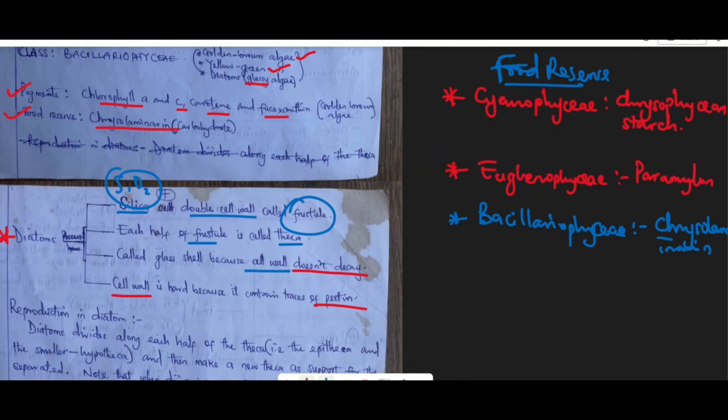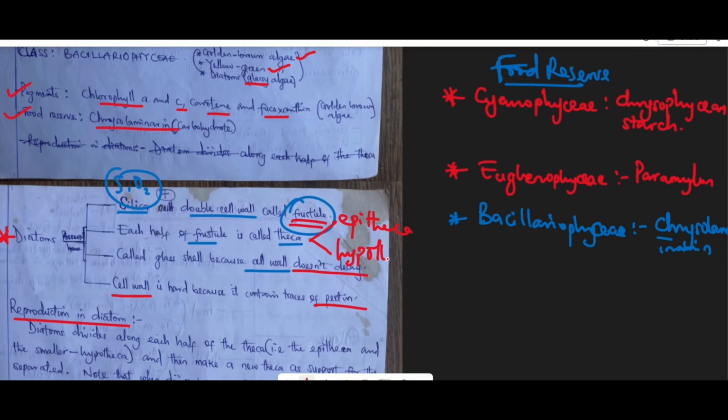Now let's talk about reproduction in diatom. How does diatom undergo reproduction? Now, the cell wall of diatom, we said, is actually a double cell wall, which is called frustule. Now, half of this frustule is called a theca. Note that this theca, if you divide it into half, one becomes the epitheca and the other becomes the hypotheca.